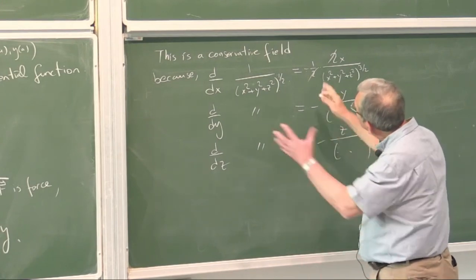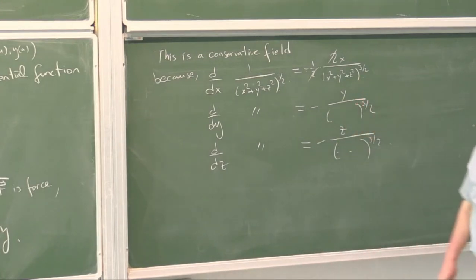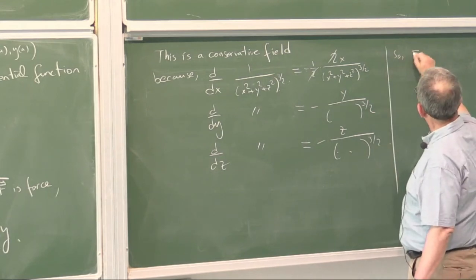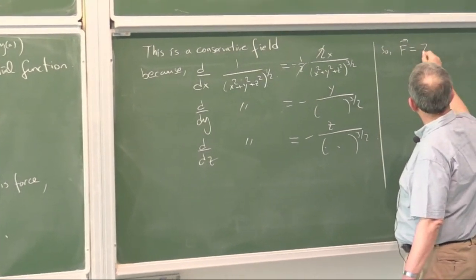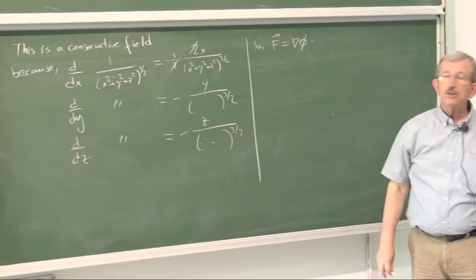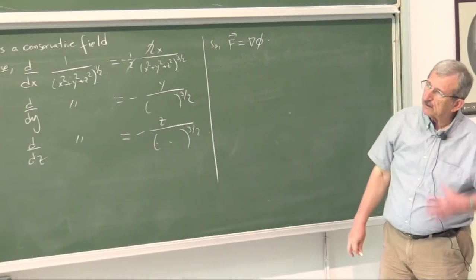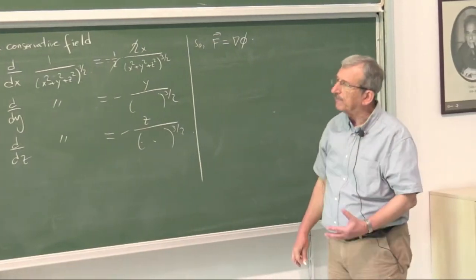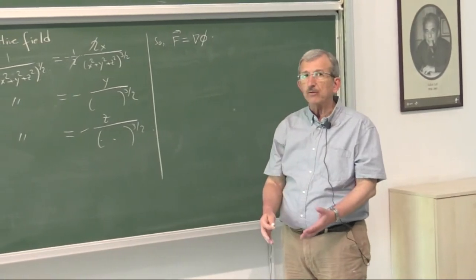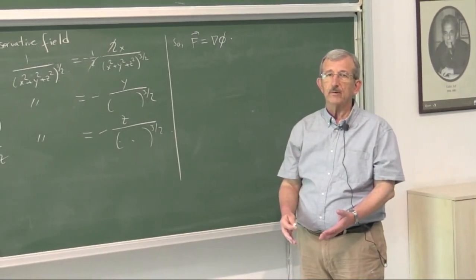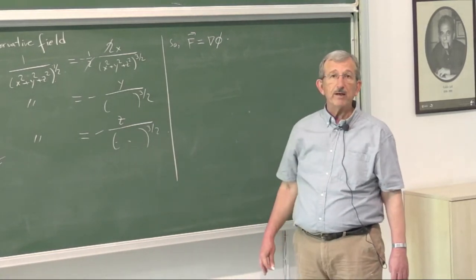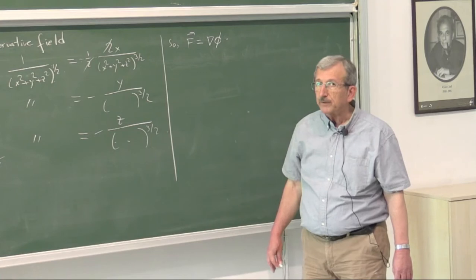You can get this even by observation. So F is gradient phi. So the electric field or the gravitational field due to a point mass is indeed conservative. There are many other examples of this sort, but there are also many examples which are not of this sort.